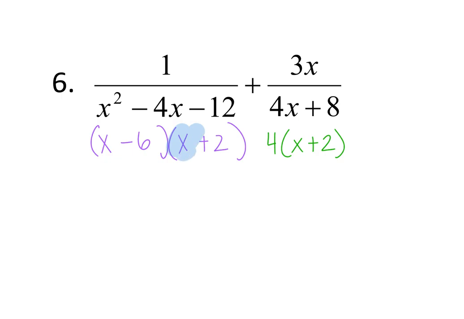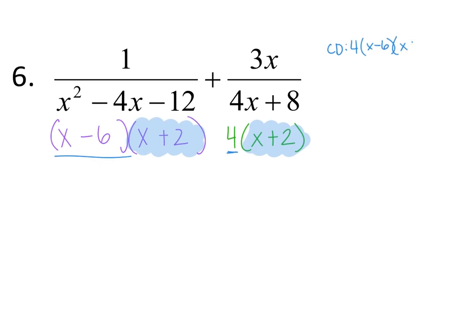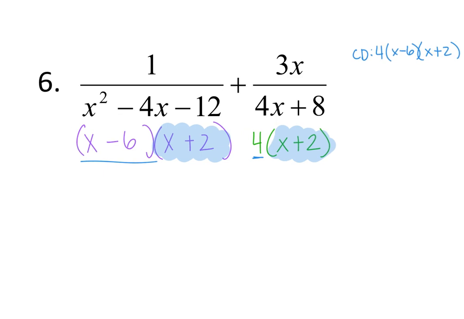They have that x plus 2 in common, okay? Which means our common denominator here is going to be 4, because we need a 4. We need that x minus 6. And we already have x plus 2 on both of them. So we don't really have to worry about that x plus 2.